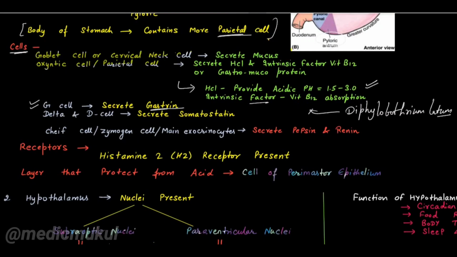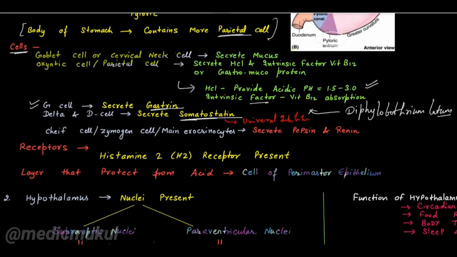Then the delta or D cell, what do they do? They produce somatostatin. And remember always that somatostatin is the universal inhibitor.